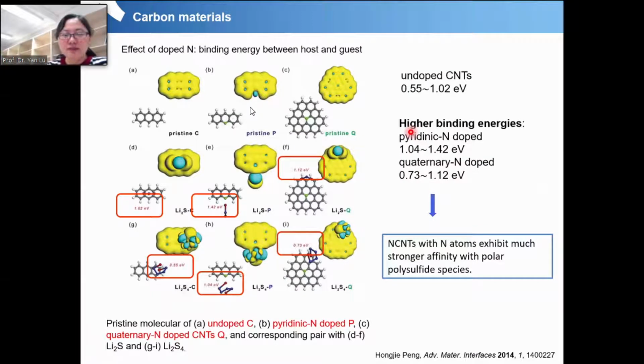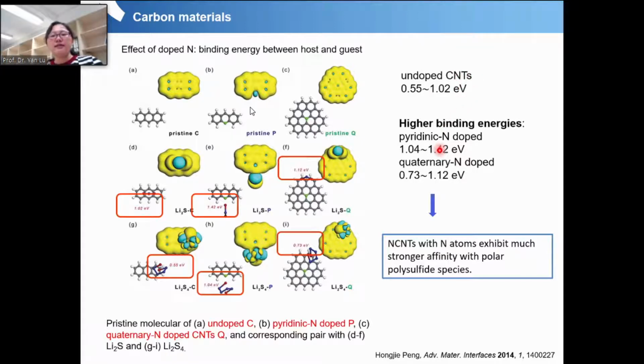Before they do the battery test, they also do the theoretical DFT calculation to calculate the binding energy between the carbon nanotube and the polysulfides. Here you can see this is undoped carbon nanotube.